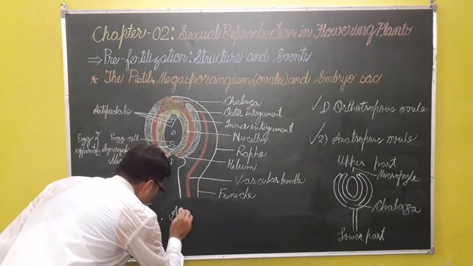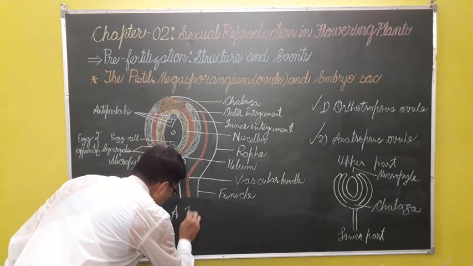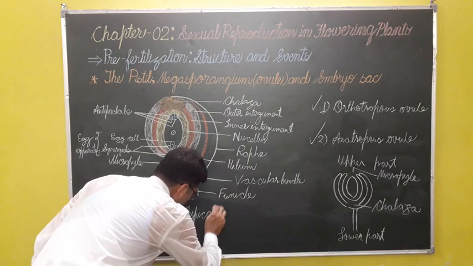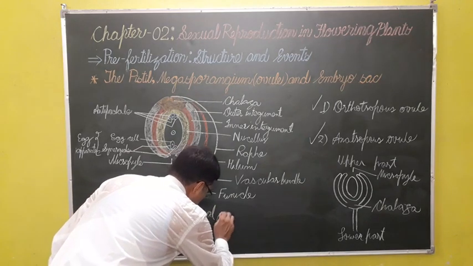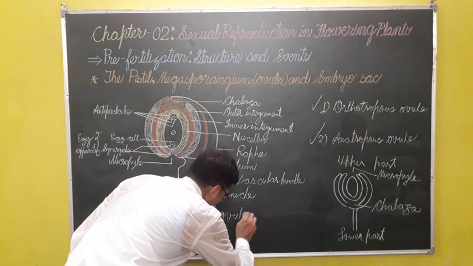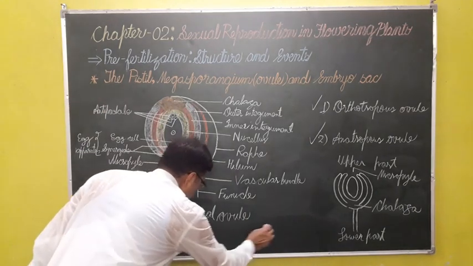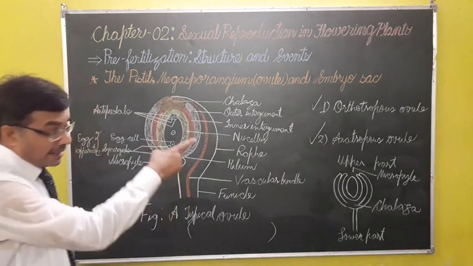A typical ovule. And a typical ovule is also called what? Anatropous ovule.